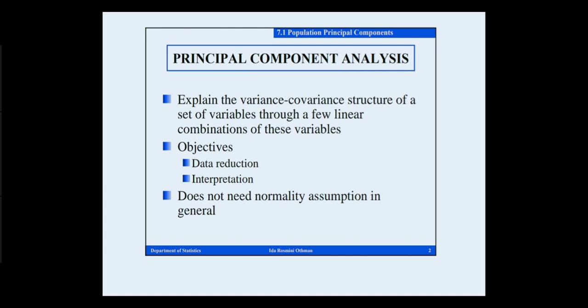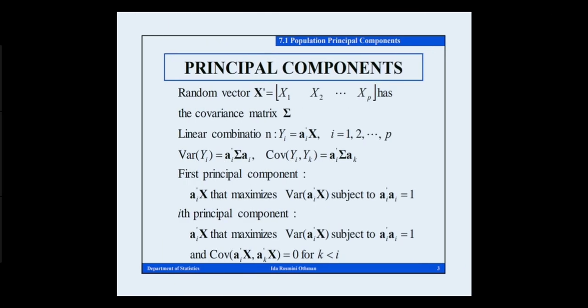We do not need the multivariate normal assumption. We do not need the normal assumption to conduct the principal component analysis. So remember our intention in using principal components is to reduce this large set of variables using a smaller set of components by looking at the intercorrelation between the variables.